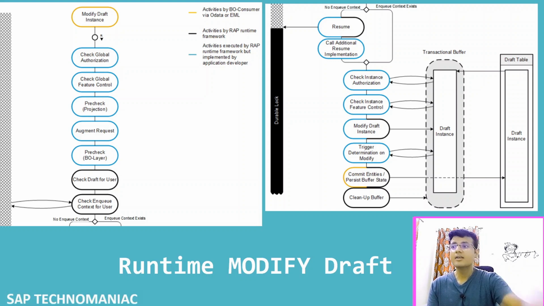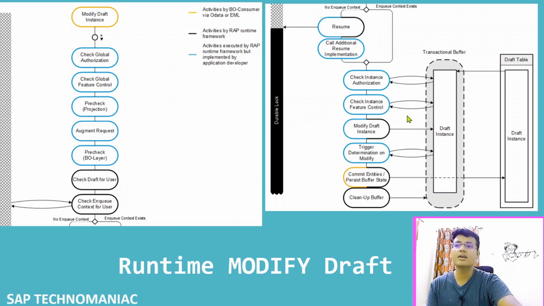If it is there, it checks whether the durable lock is already there or not. If it is not there, it will execute the resume action, which in turn will put the lock on that particular draft. Then it will check the instance authorization against the data, and the instance feature control will also be triggered.